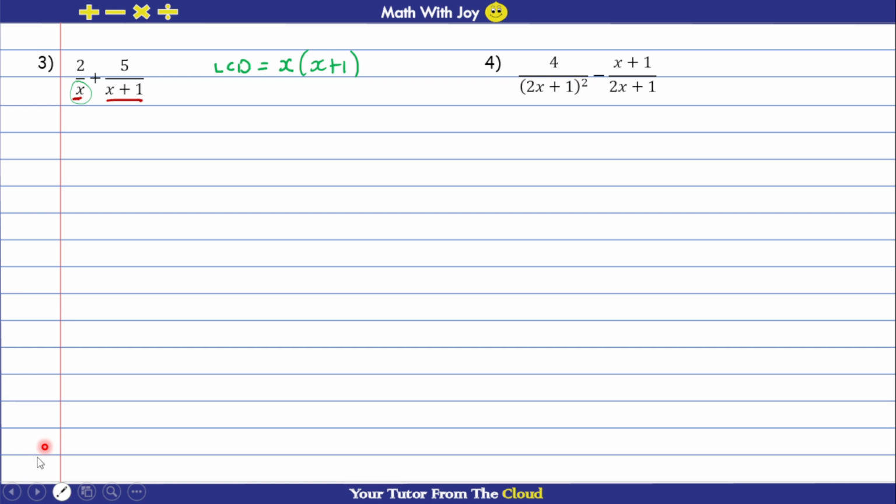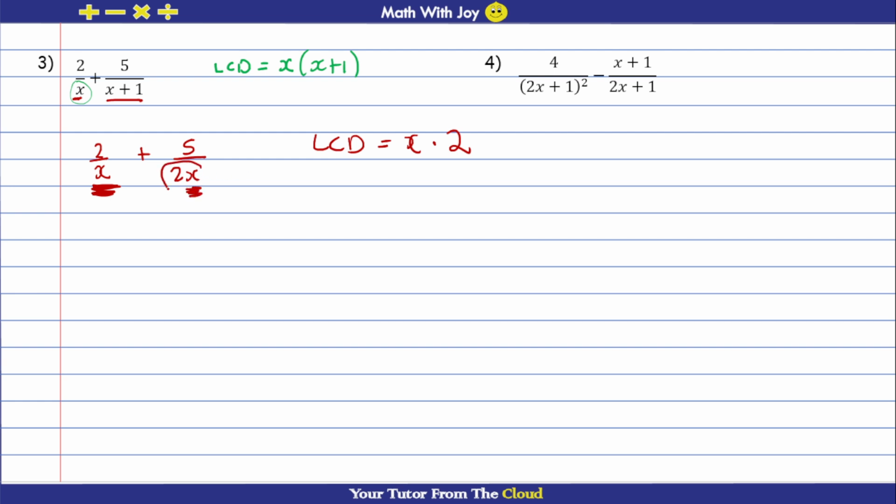For example, if I had a different scenario, let's say 2 over x plus 5 over 2x. Now I'll say the LCD is going to be x because we see an x here. For this denominator, I'll say there's a 2, because that x is already written.